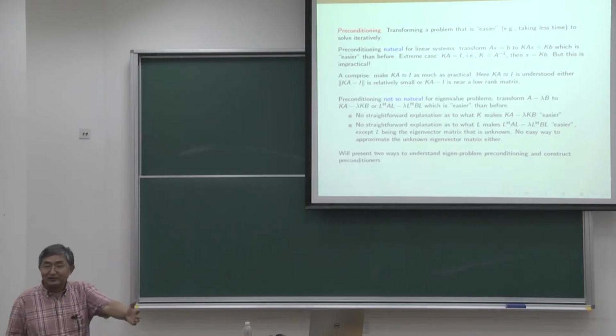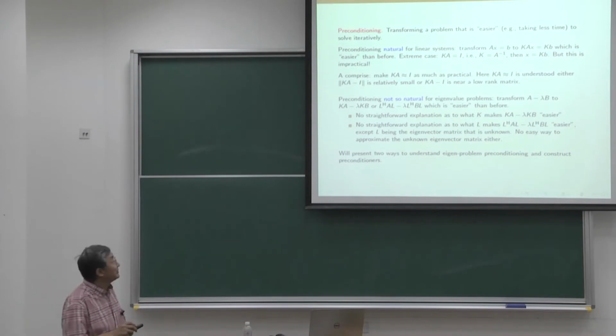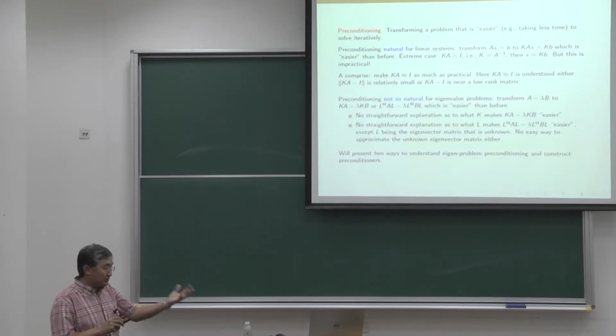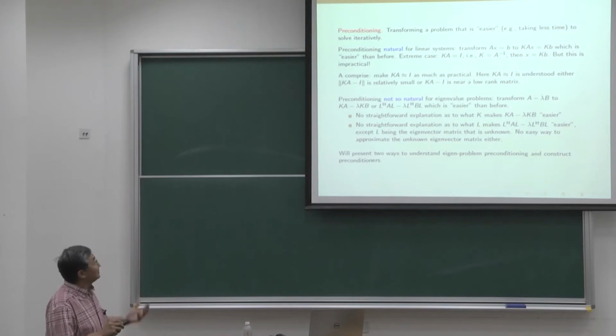In a sense, that's the best preconditioner. But you have to compute Kb anyway, and that involves A inverse. So you basically didn't do anything. Such a preconditioner is impractical, since you do basically the same as before.